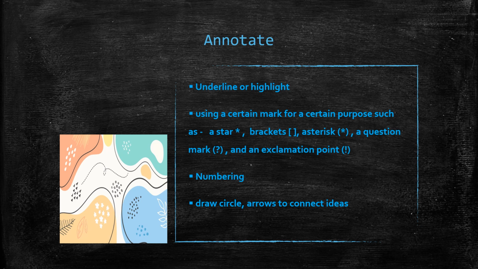And then put marks like a star to mark key terms or definitions, brackets to indicate examples, an asterisk to mark useful statements, a question mark to indicate confusing statements, an exclamation point to argue or show disagreement, etc. You can also use numbering, 1, 2, 3, 4, and also you can draw circles, arrows, etc. Anyway, these are only examples of annotating.